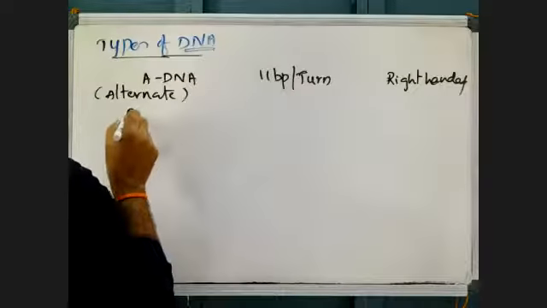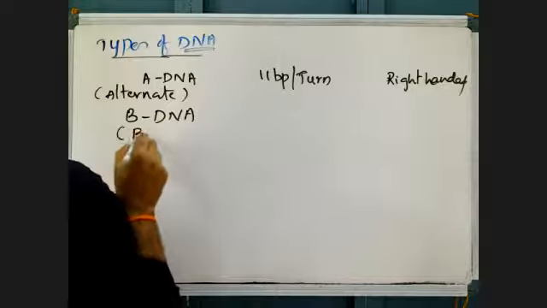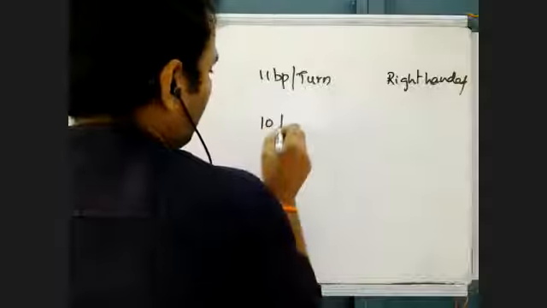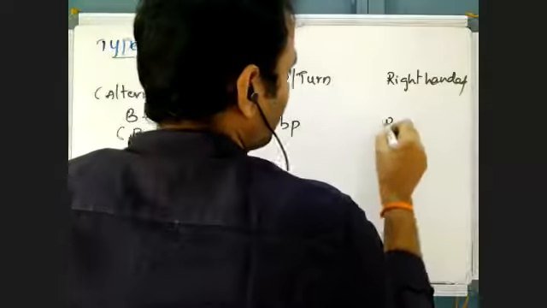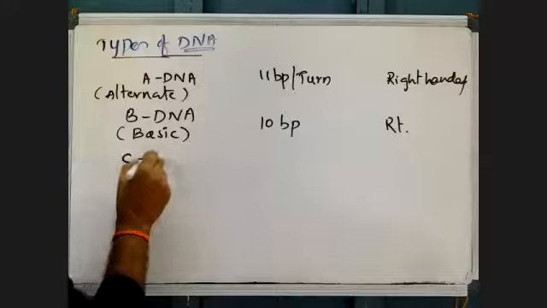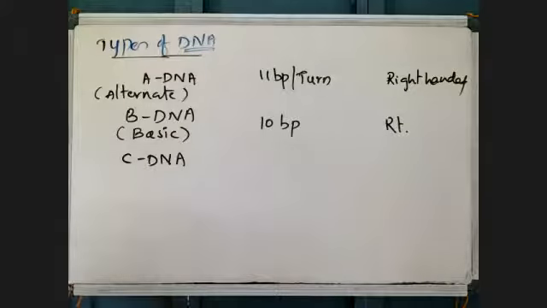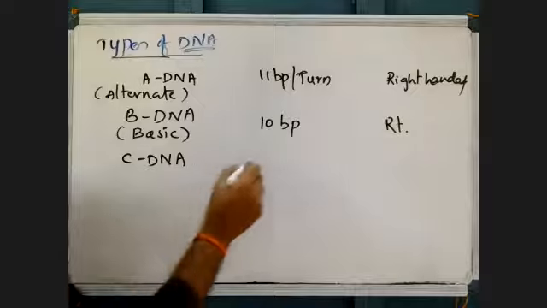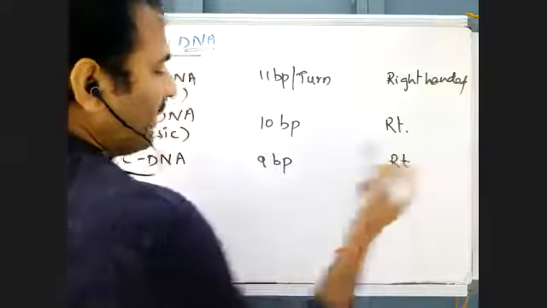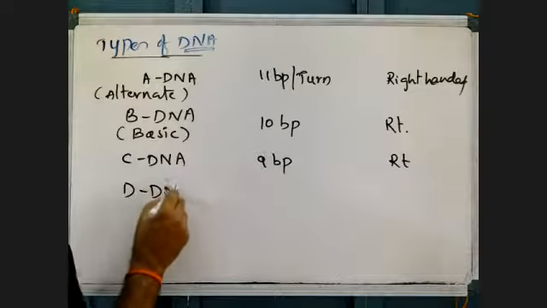bDNA is the popular DNA. bDNA stands for basic DNA that has 10 base pairs, which is right-handed. cDNA is another DNA that has 9 base pairs, that is also right-handed. dDNA is there.